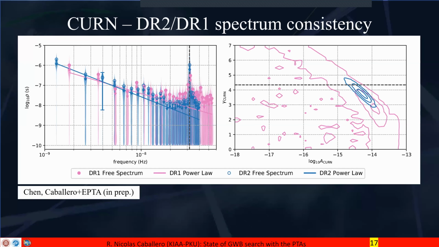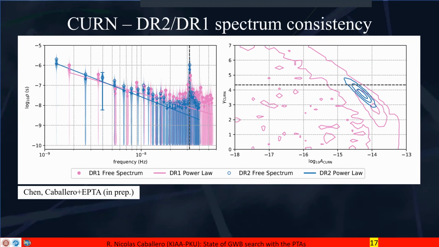Just to see what happened since the last effort with DR1, you see here the DR1 results in pink and the DR2 results in blue. On the right, you see the two-dimensional posterior distribution for gamma and log A, and you can see clearly how the result has vastly improved since DR1, and that's obviously thanks to the new data that we have added to the EPTA data.